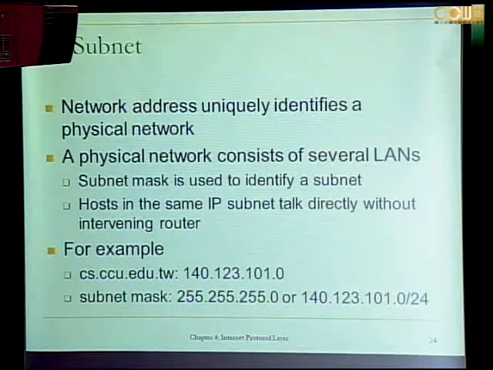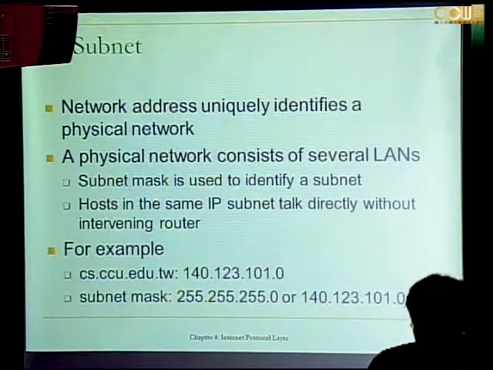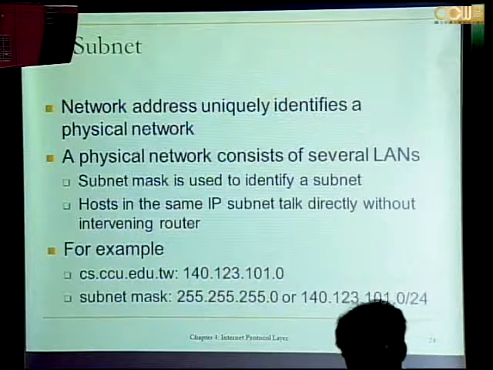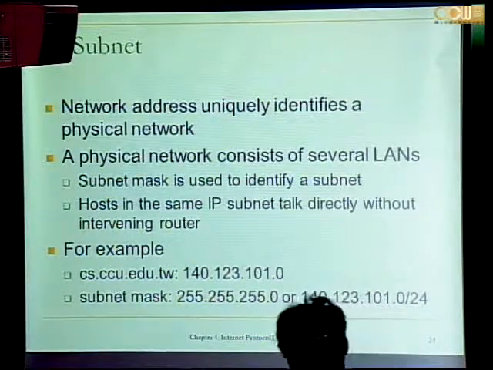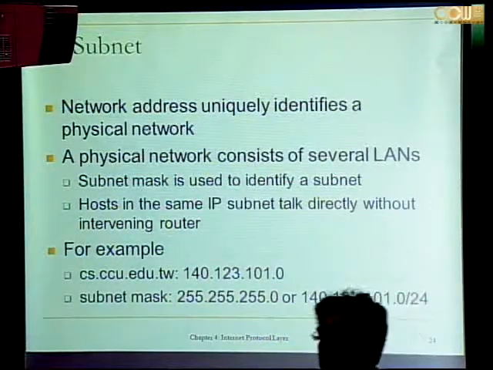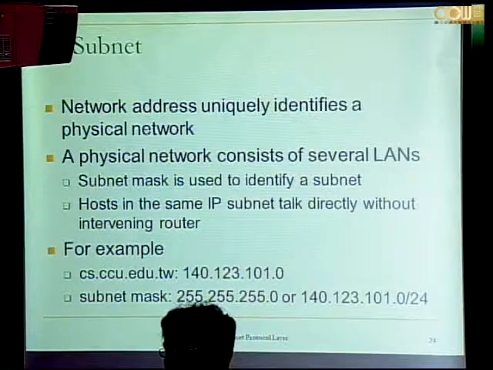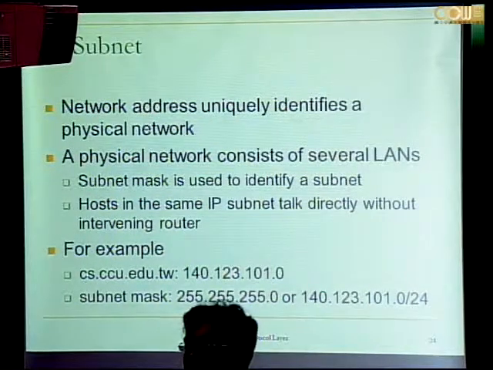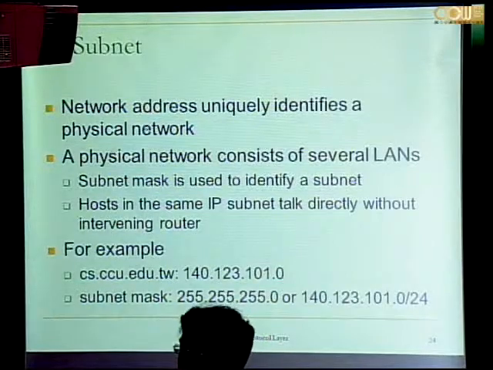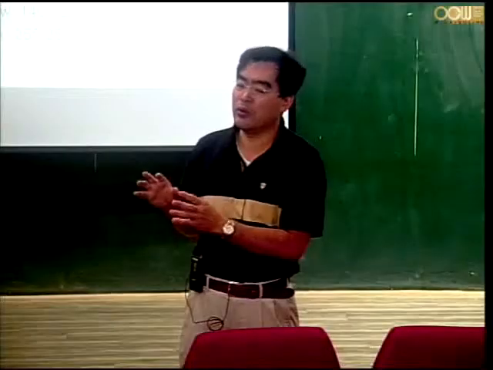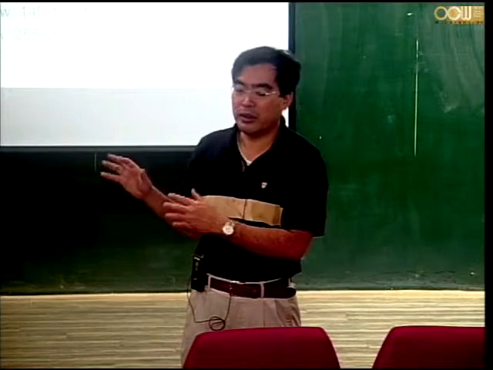And the subnet, okay, so the subnet is the same as a VLAN, or so we say a broadcast domain. If it's defined in the link layer, it's called LAN or VLAN, physical LAN or virtual LAN in the link layer.